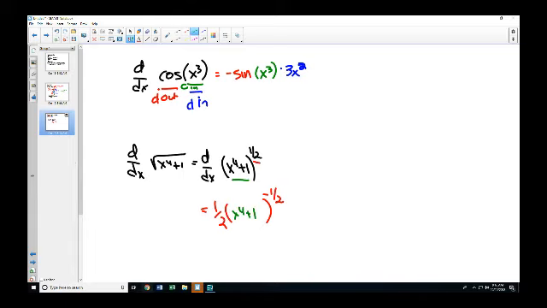And then derive the inside. So we're chaining these rules together. We have the power rule twice here, right? Just use the power rule twice. They've chained two power rules together.